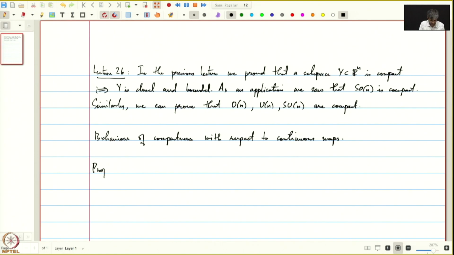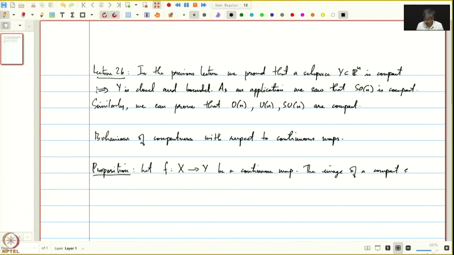So we begin with this proposition. Let f from X to Y be a continuous map. Right. So the image of a compact subset is compact.